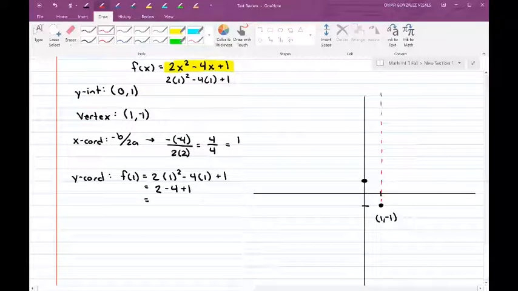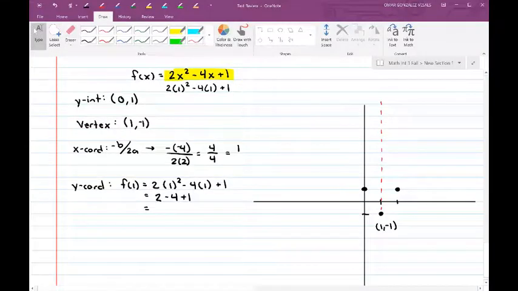So since I already found one point, I can find that same point on this side. And what's going to be another point? I can use my sequence, right? What was my sequence? Check it out. Which ones have I already used?